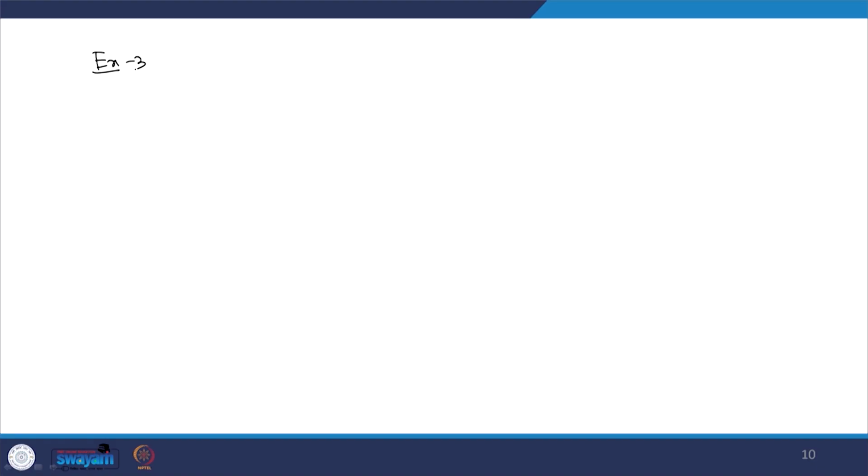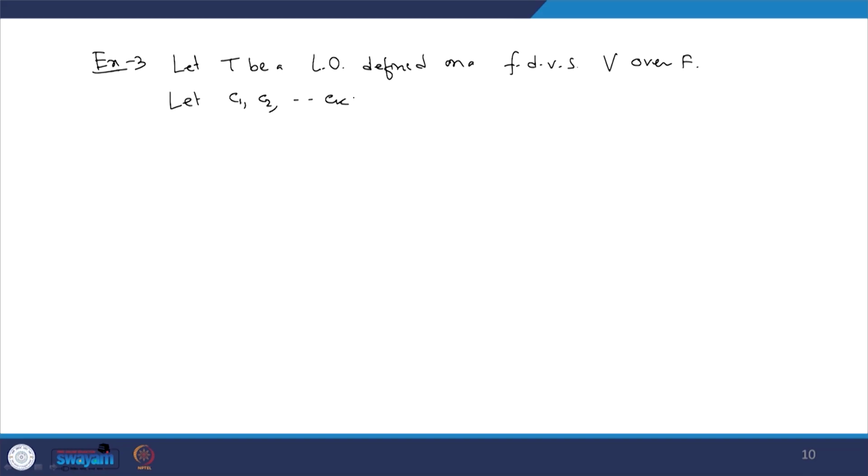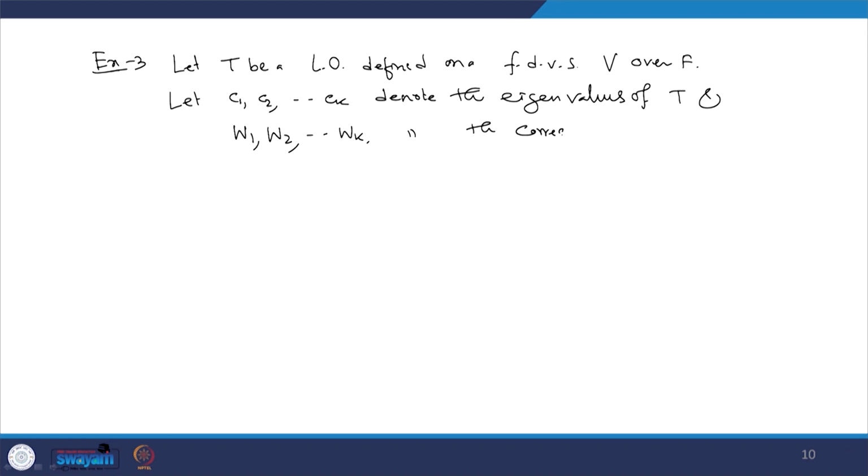Let me consider another nice example. Let T be a linear operator defined on a finite dimensional vector space V over the field F. Let C1, C2, Ck denote the eigenvalues of T, and W1, W2, Wk denote the corresponding eigenspaces.